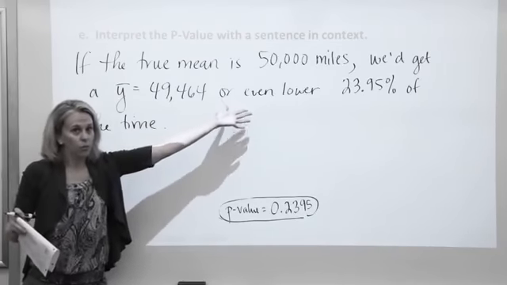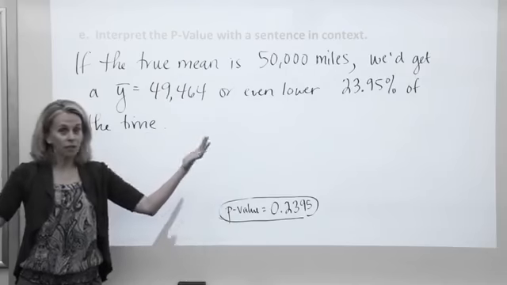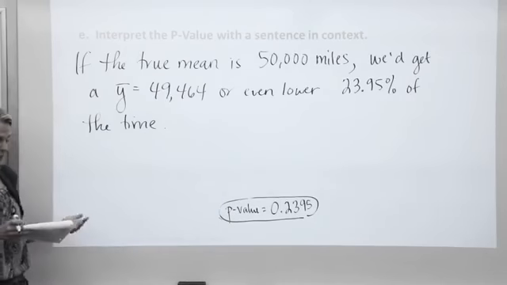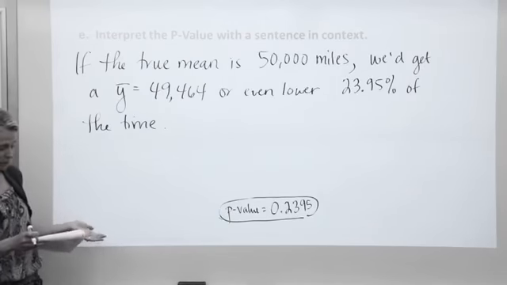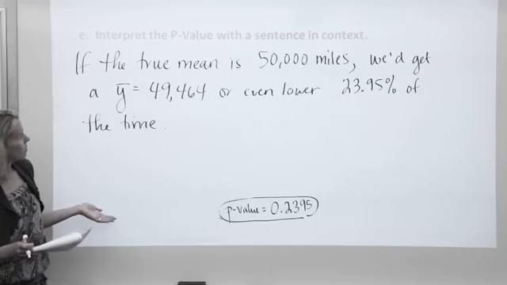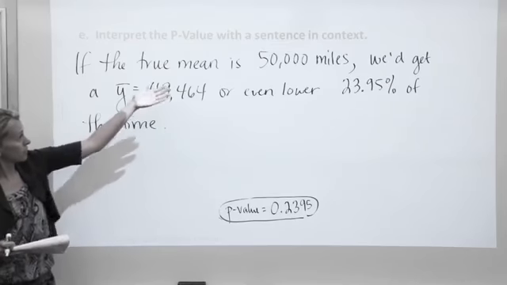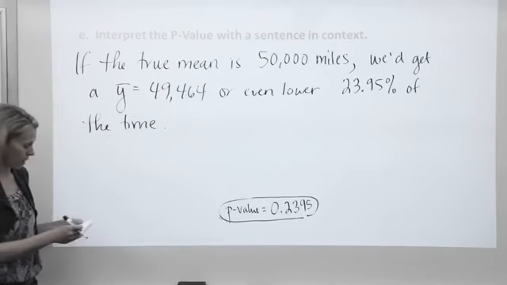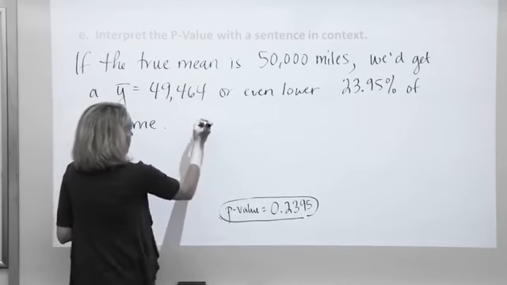Something that happens almost 24% of the time, that's not unusual. And so we have no compelling reason then to reject the null hypothesis that says that the average really is 50,000 miles. So this is not unusual at all.